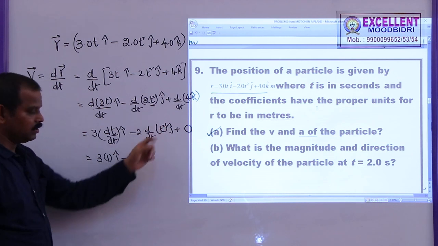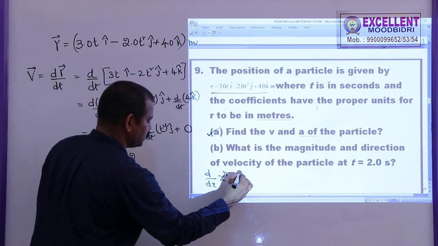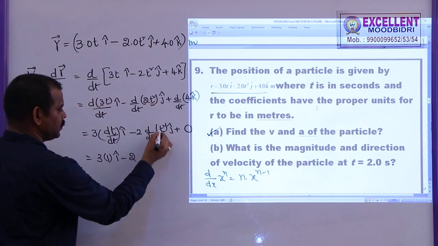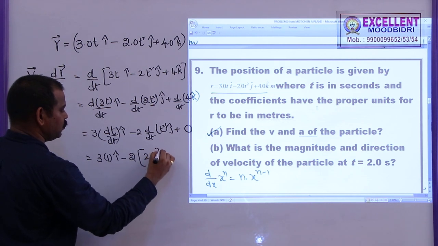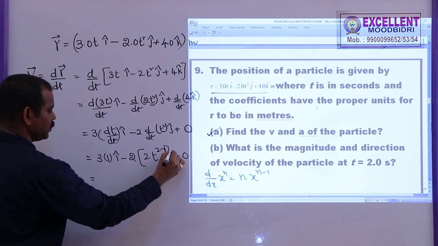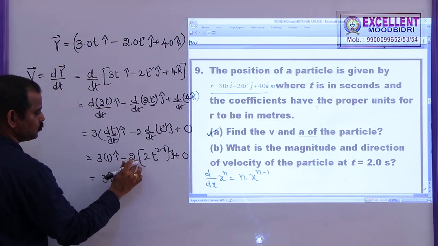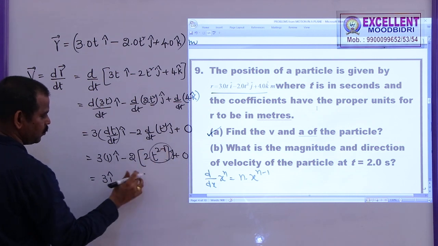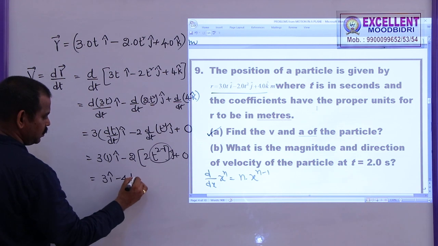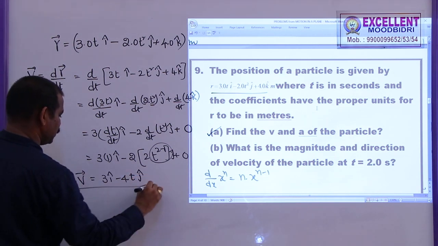Derivative of t square, we know d by dx of x power n is n into x power n minus 1, so this becomes 2 into t power 2 minus 1, j cap, plus 0 for the derivative of 4. So this will be 3 i cap minus 2 into 2t, that is minus 4t j cap. This is the velocity vector.